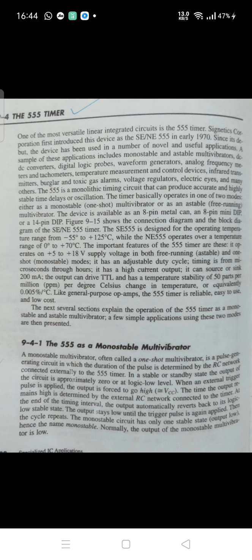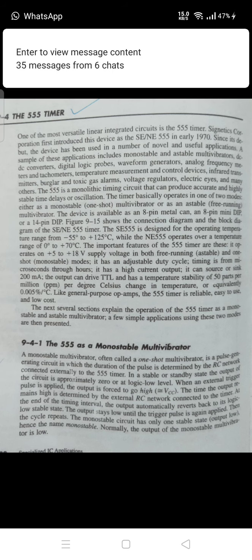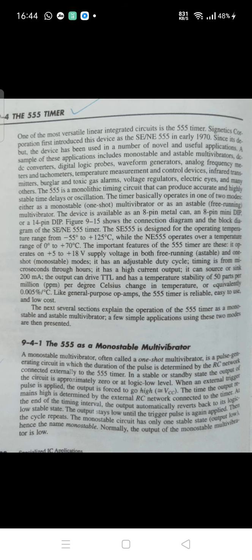Since its debut, the device has been used in a number of novel and useful applications. A sample of these applications includes monostable and astable multivibrators, that we are going to see here.